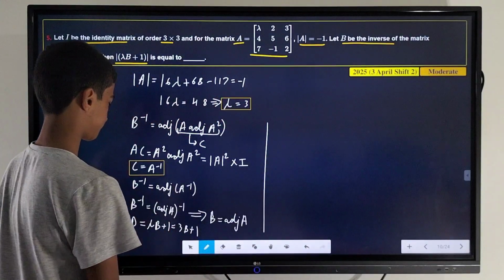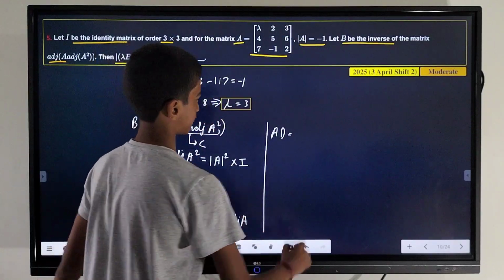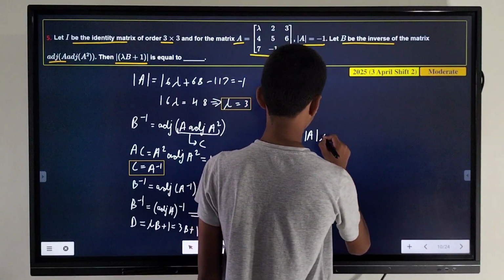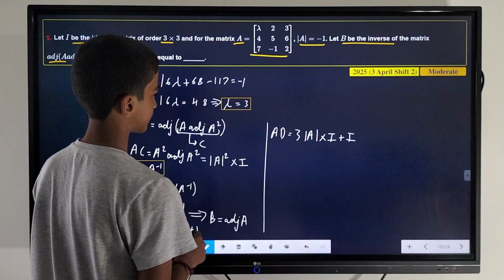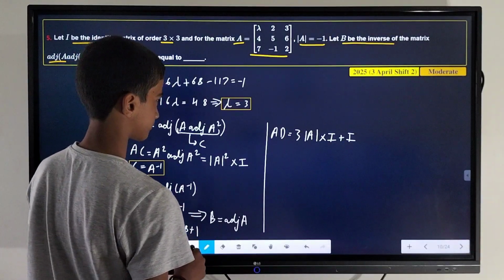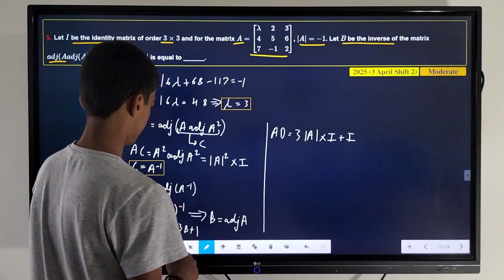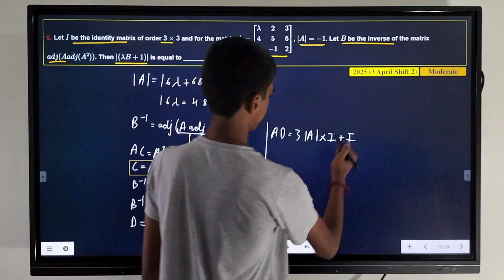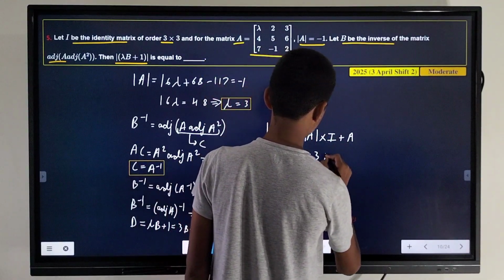We have our D. So A into B is equal to 3 times A into adjoint A, so this will be determinant of A into identity matrix, plus 3 times determinant of A into identity matrix plus A. This is equal to A minus 3I.